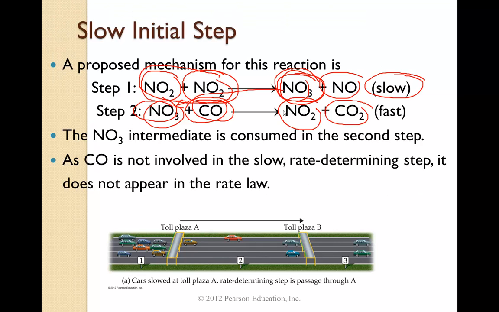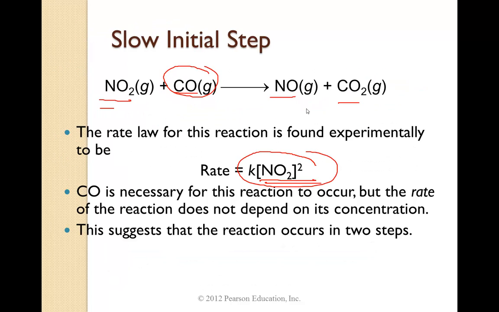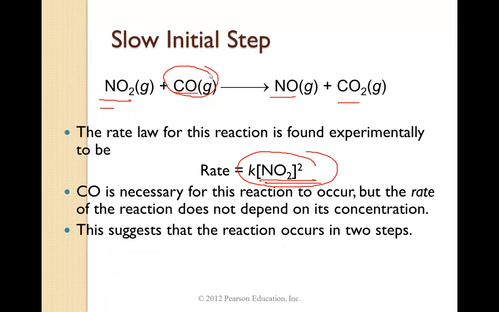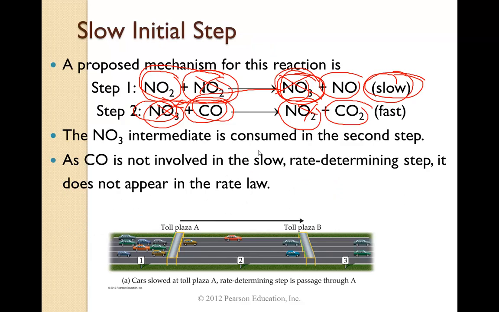The things that get canceled out are not involved with the overall reaction. And the fact that this is slow and it doesn't contain the CO, so it's not in the rate determining step and not in the rate law, tells you that experimentally it also backs it up.